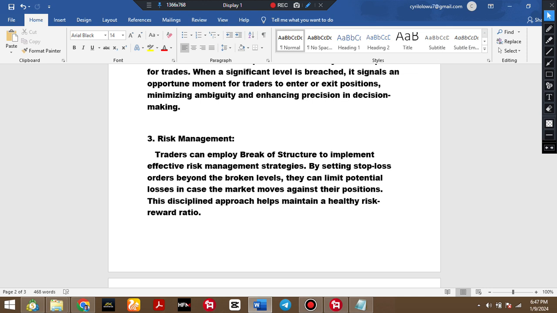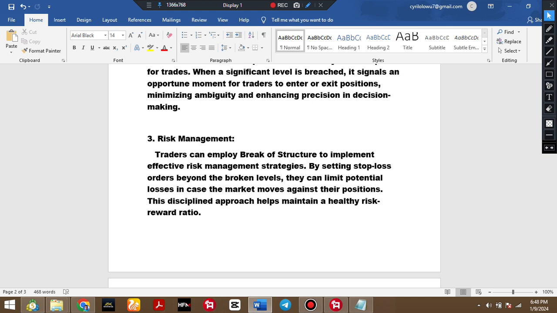Now, three, risk management. Yes, traders can employ break of structure to implement an effective risk management strategy by setting stop loss orders beyond the broken levels. They can limit potential losses in case the market moves against their position.